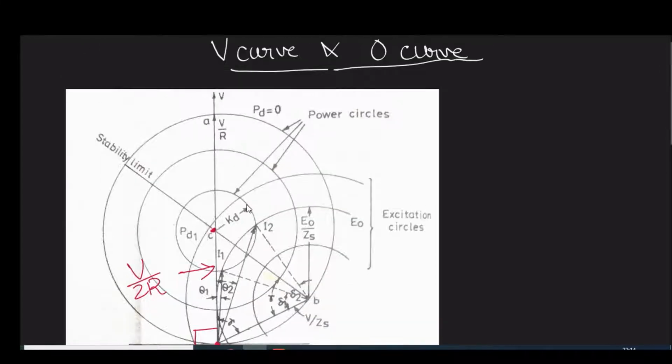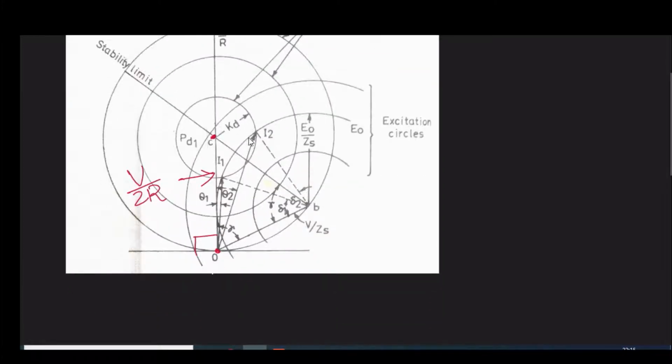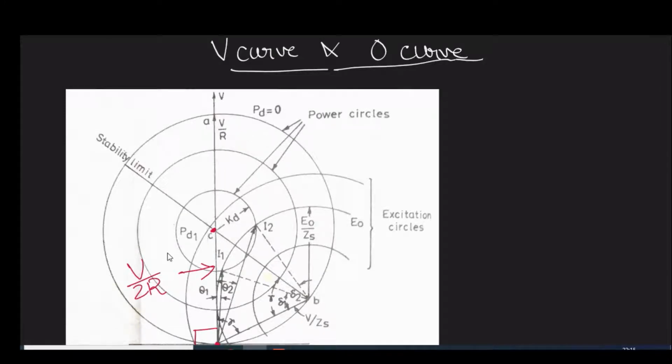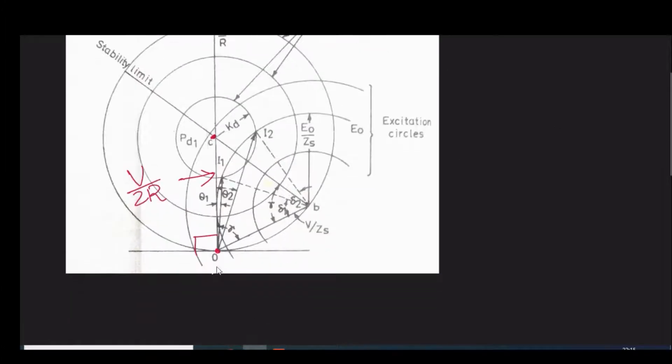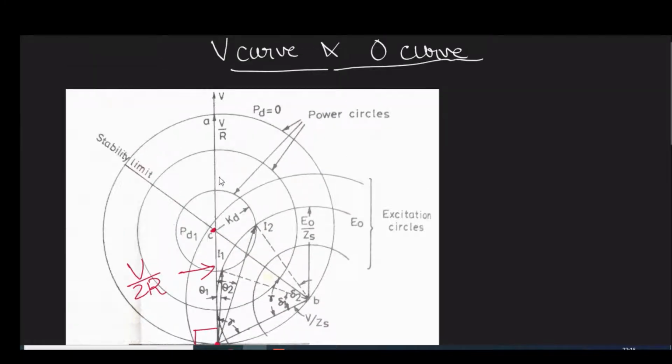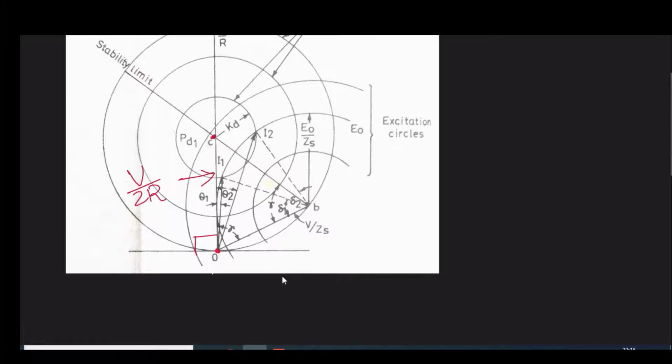Since this one was V by 2R, obviously the diameter of this circle will become V by 2R, and we have further proved that this is the circle corresponding to zero power, that is the outermost or largest circle for which this line acts as a tangent.